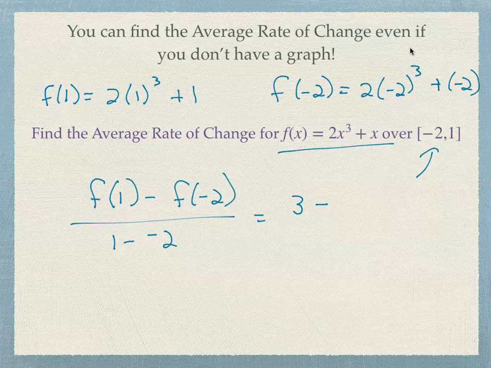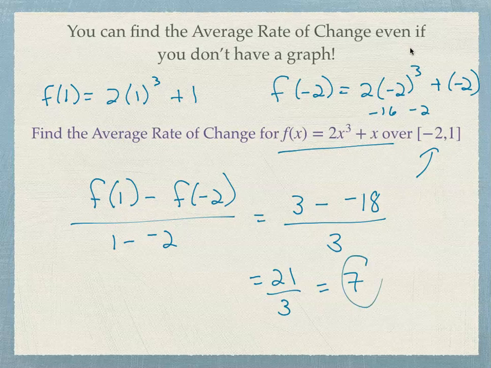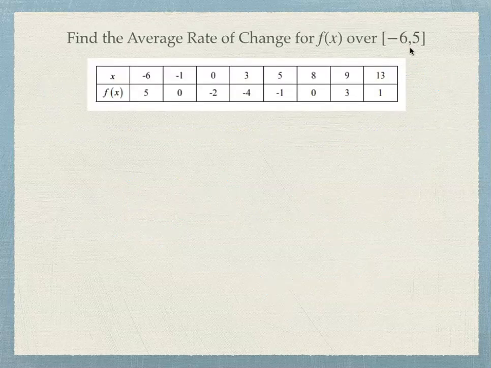So I have -8 times 2, which is -16, minus 2, so this is minus -18, all over 1 minus -2, which is 3. So 3 minus -18 is 21 over 3. 21 over 3 is 7. So the average rate of change of this function from -2 to 1 is 7. That's the answer.